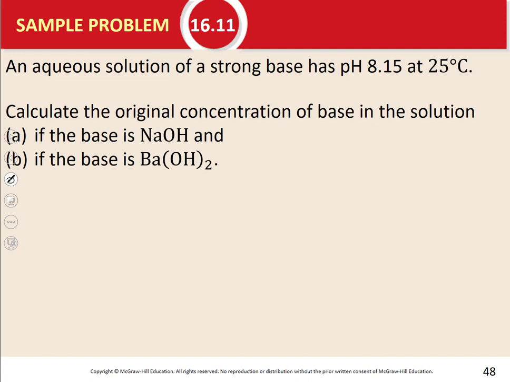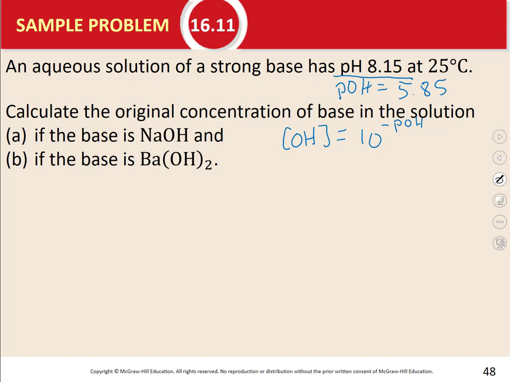So first thing, I just go ahead and do the negative log, or the inverse of log, of 8.15. This is our pH. If I want to find the concentration of OH, it's 10 to the negative what? pOH, and that's pH. So we first have to turn that pH into a pOH. How do we do that? Good. 14 minus the 8.15 gives us a pOH of what? 5.85.